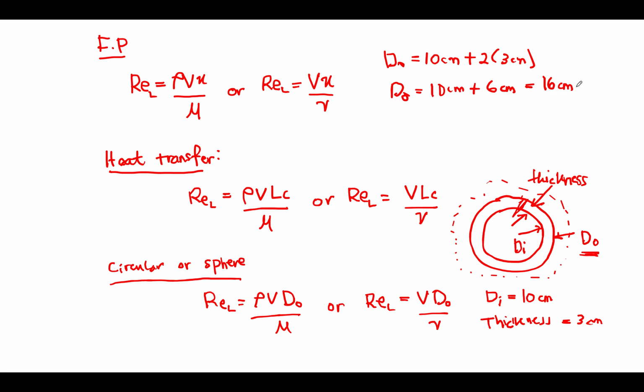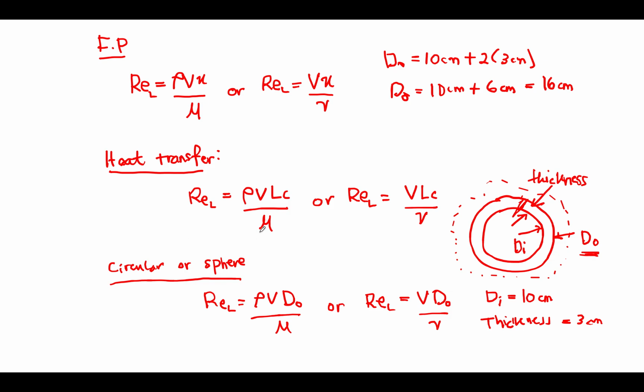So why do we have to multiply by 2? Because the thickness is wrapped around the cylinder, so we have thickness on both sides. Here we have thickness and here we have thickness.